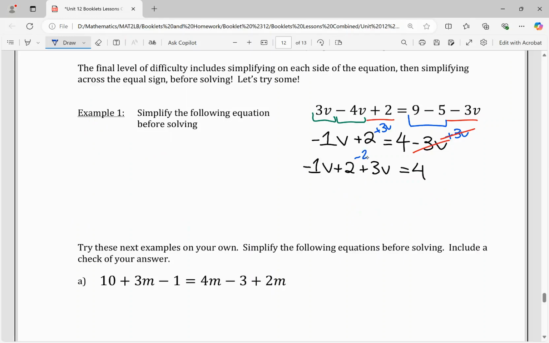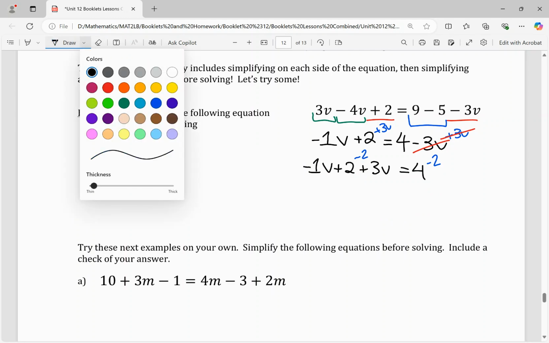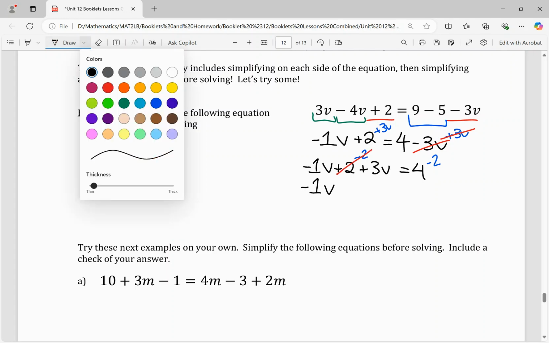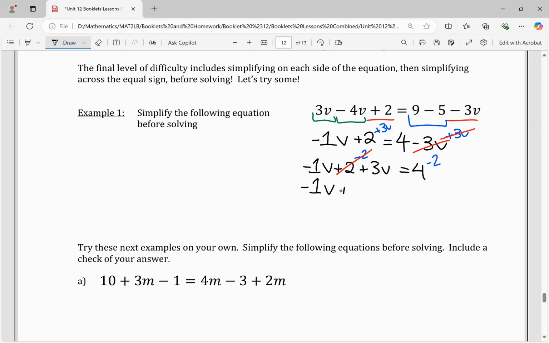I'm going to subtract 2 from the left-hand side, but I'm also going to subtract 2 from the right-hand side. Now these 2's are going to cancel out. That's the whole point, right? So negative 1v plus 3v is equal to 4 minus 2.